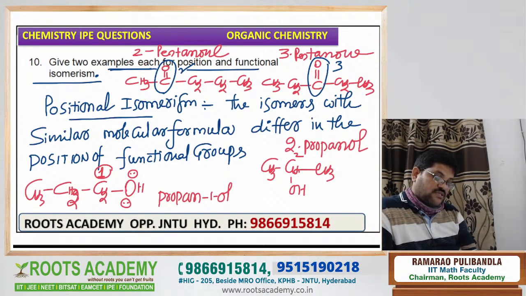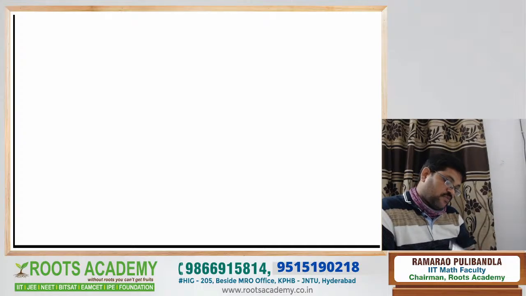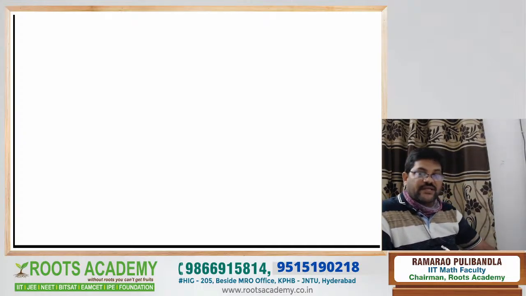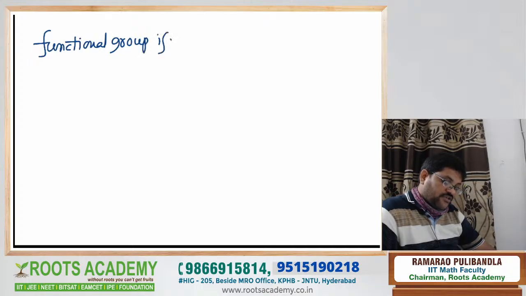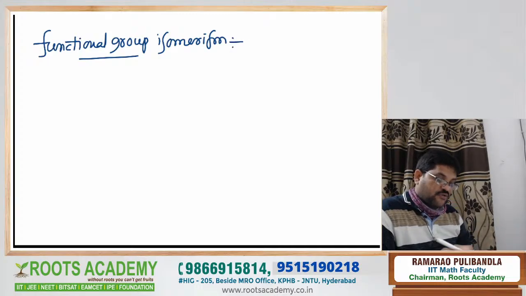Regarding the concept of functional group isomers, what do we write? First you write the statement. For a 2 marks question, the statement is very important. 2 marks plus 2 marks, you have 4 marks. What is the meaning of functional group isomerism? Simple explanation, no confusion.